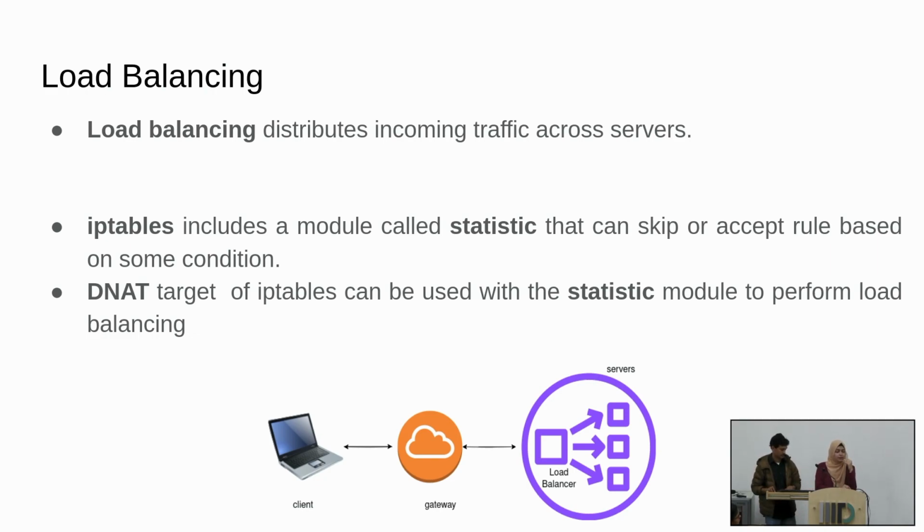And since we are targeting the destination, we want the incoming traffic of the gateway to get diverted to either server 1 or server 2. We are changing the destination, so obviously which NATing will work here? We have SNAT, we have DNAT. DNAT obviously, right? So yeah, let's see.